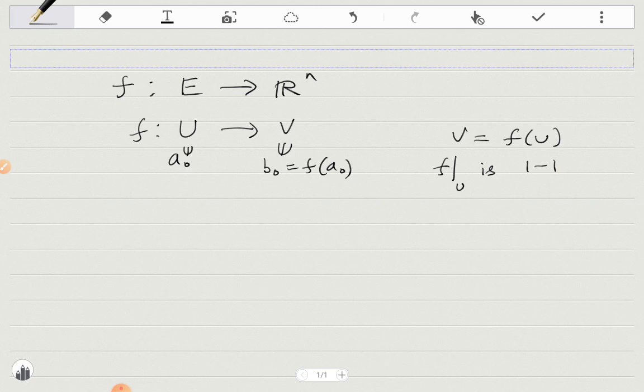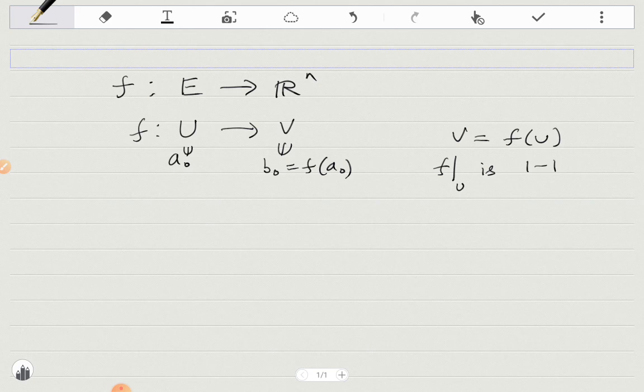Then the point is, how did we get hold of this U? Well, U was actually just an open ball. If you go back to see, it's not quite an open ball.